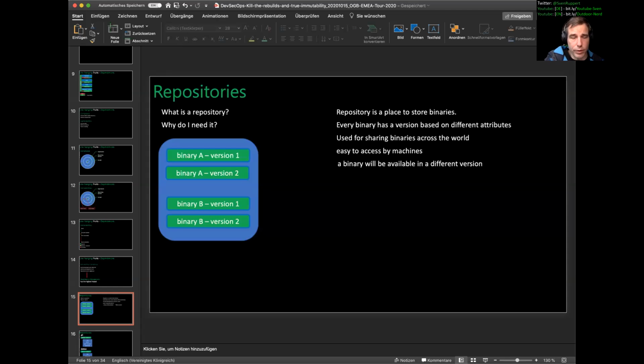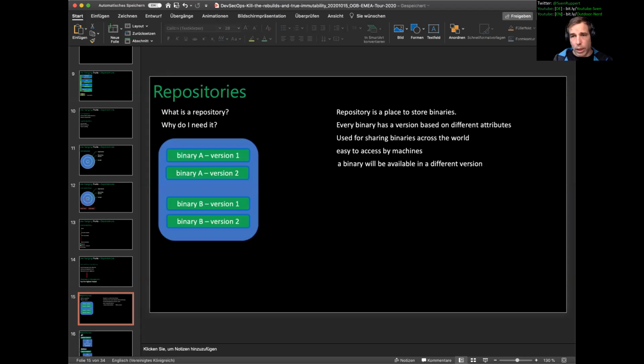Then a repository is just a binary with some kind of version and some attributes around it. You want to have it in a way that other people, other steps, can consume it. So it's more likely optimized for a machine.